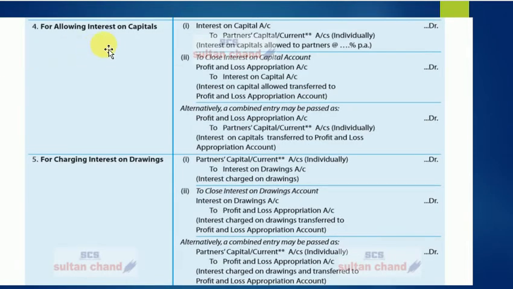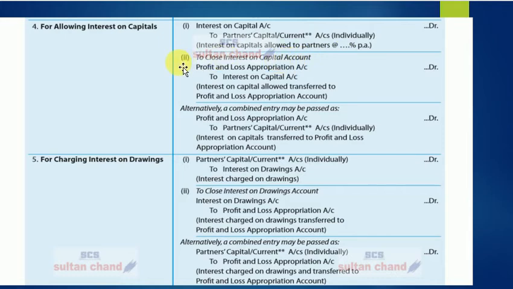Now point number 4, for allowing interest on capital. Interest on capital being an expense, it was written on the debit side of the profit and loss appropriation account. I already talked about it in the previous class. Here is entry 4.1: Interest on capital account debit to partners capital account, being interest allowed on capital to the partners.